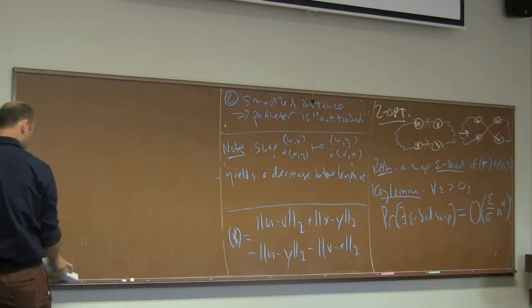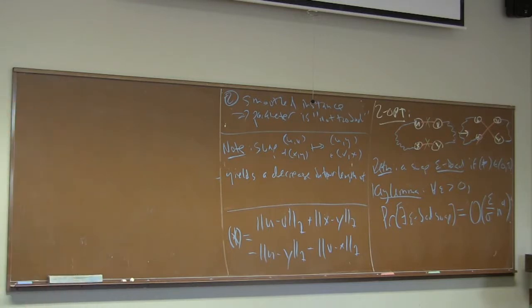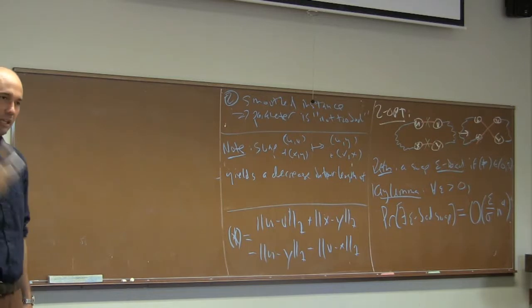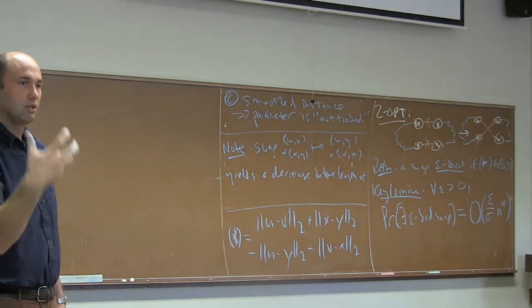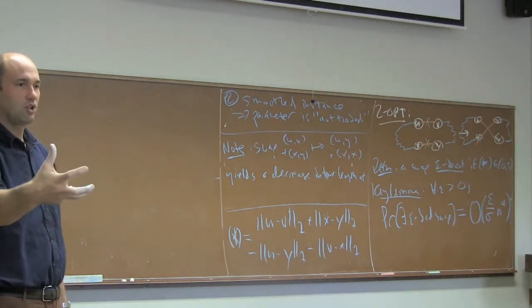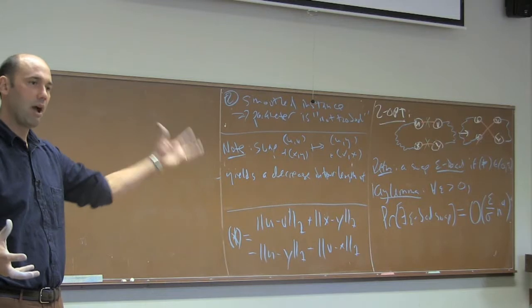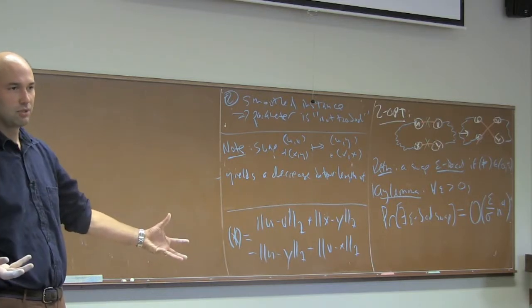By definition, yes. For any local search algorithm, you specify the neighborhood. That's a design decision you make at the beginning. So this goes back to our discussion about the gap between how good the locally optimal solution is versus the globally optimal solution.